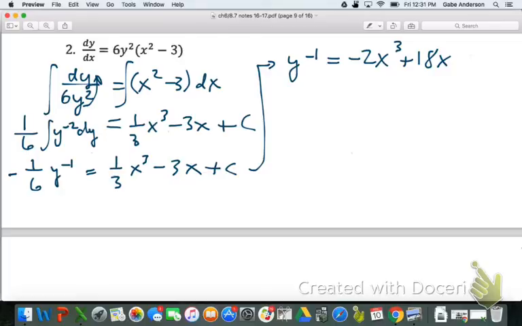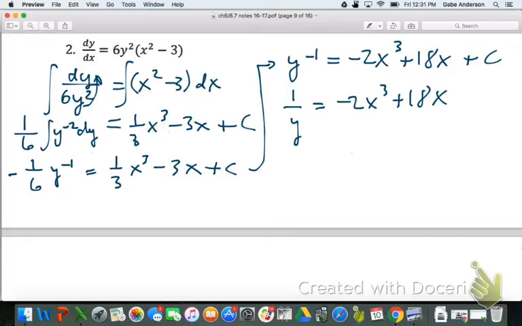And then it would be negative 6c technically, but that's just still some other c. So I'll just leave that as plus c. Still okay?